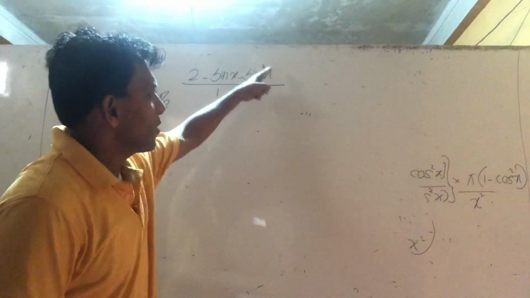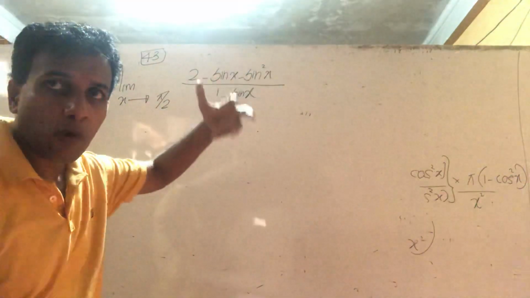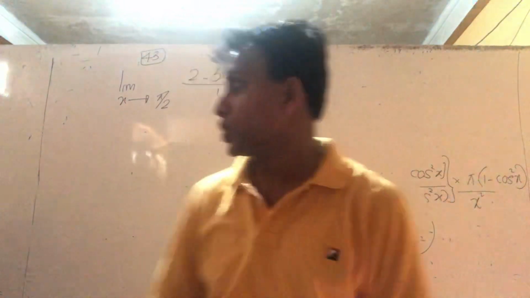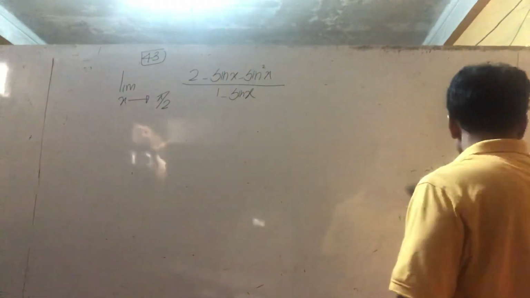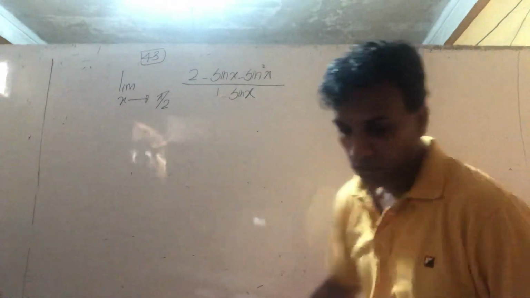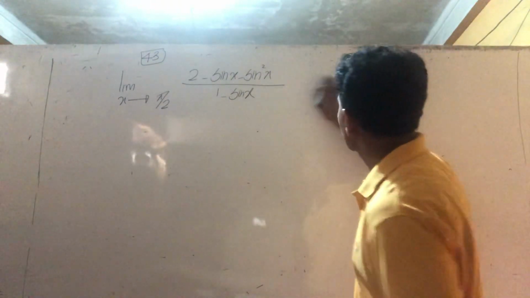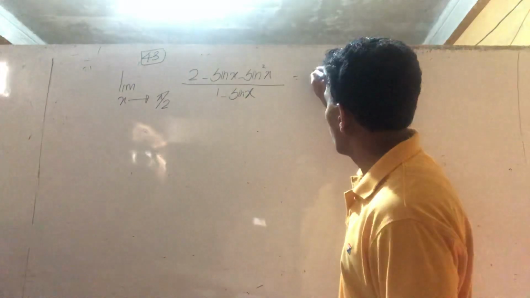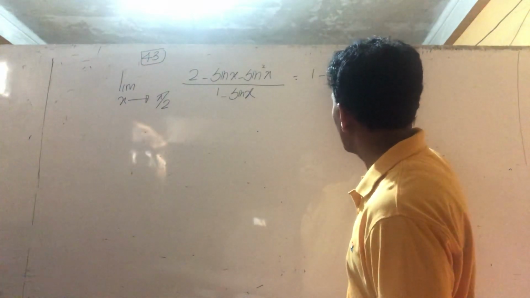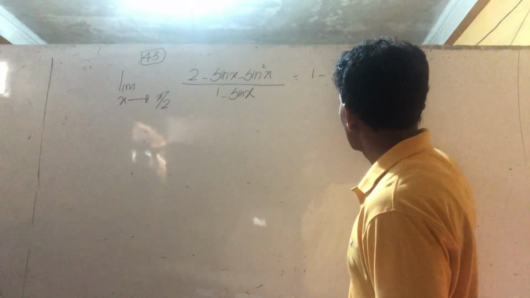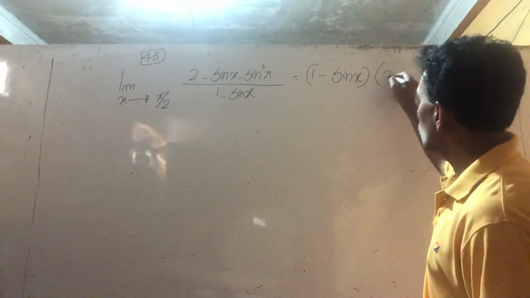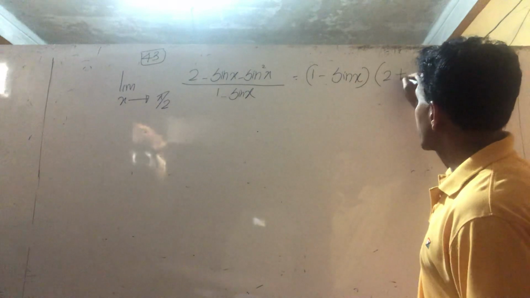But you can factorize. The numerator can be factorized using some O-level knowledge, quadratic factorization. Check what the factors of the numerator are. If you factorize, two brackets: is it (1 minus sin x) into what? Check 2 there. Is it (2 plus sin x)?